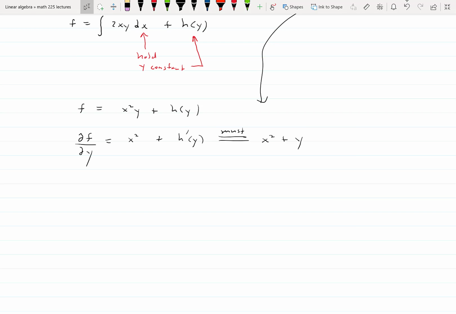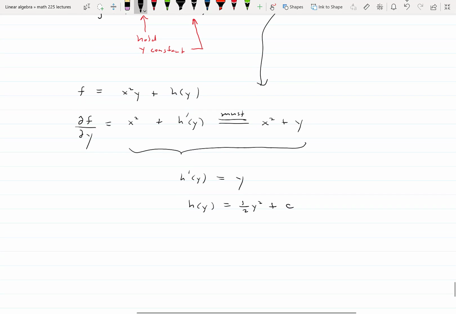Okay, so now solve that resulting equation for h prime of y. Subtract x squared from both sides. H prime of y should be y. I want h of y, so integrate both sides with respect to y. So h of y should equal y squared over 2, or 1/2 y squared, plus a regular old constant c.